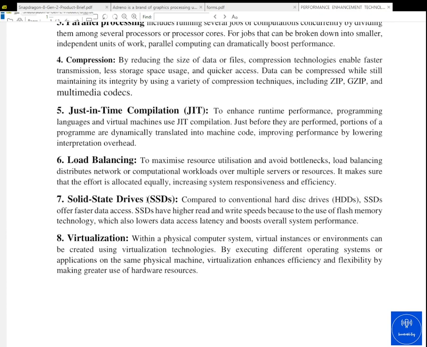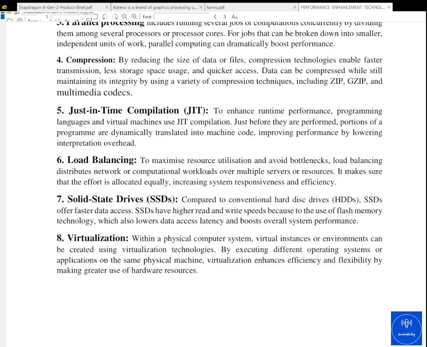So that's how we end up with these systems being operated and making sure that our computers are faster and efficient. So these are some of the things that we need to look into in order to generally understand how a computer is able to perform the tasks that are rendered to it.